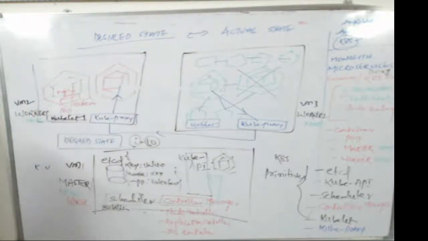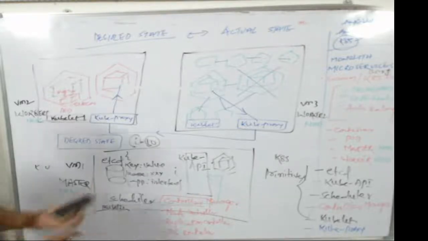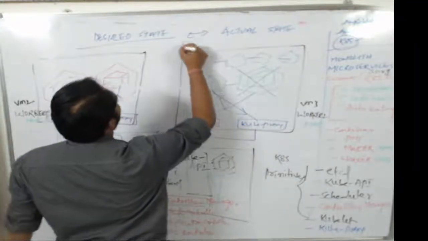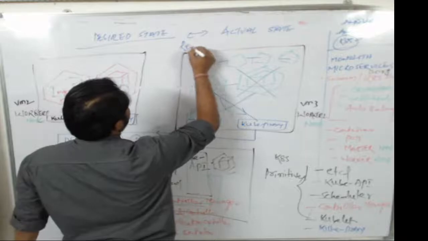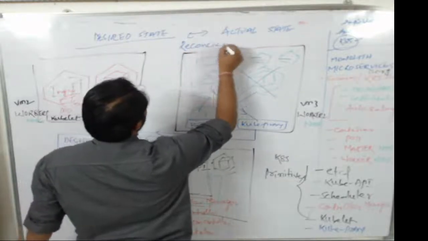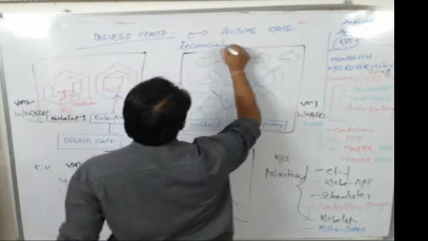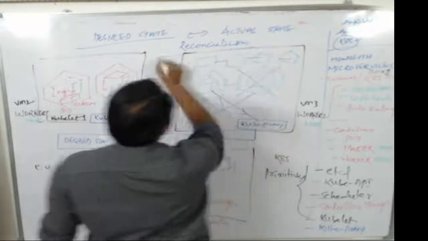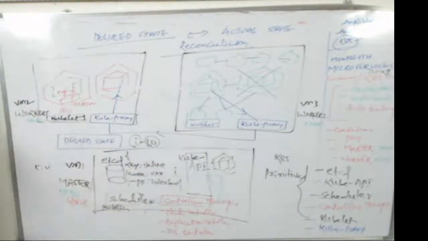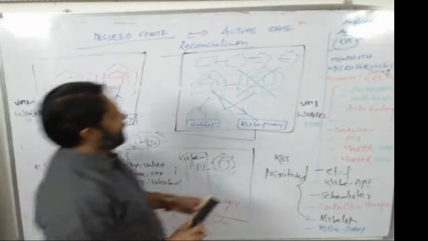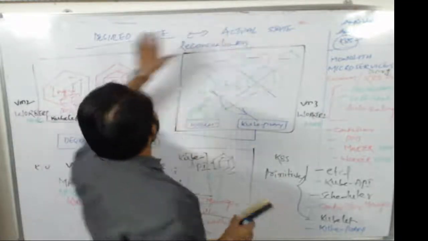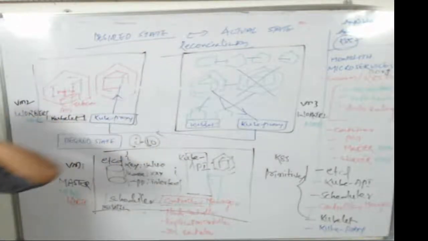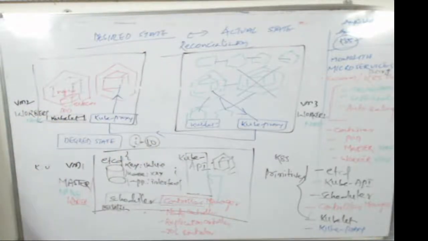Now that process of recreating or trying to reach this state is called reconciliation. So Kubernetes clusters reconcile the actual state into desired state, always, because of its self-healing properties.